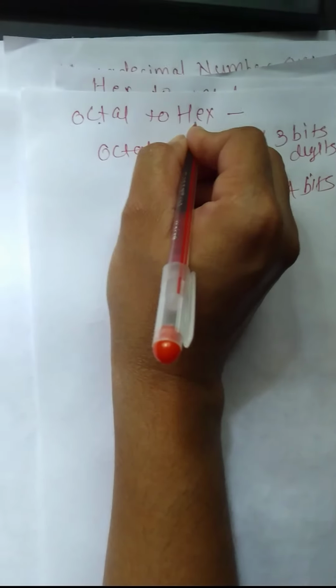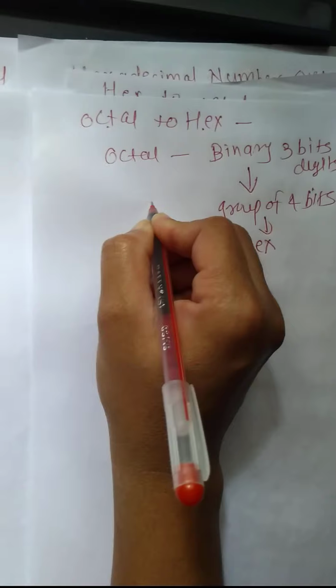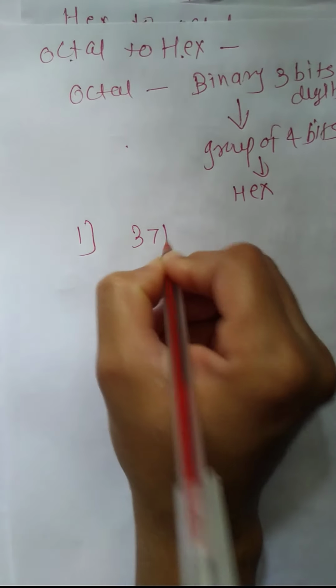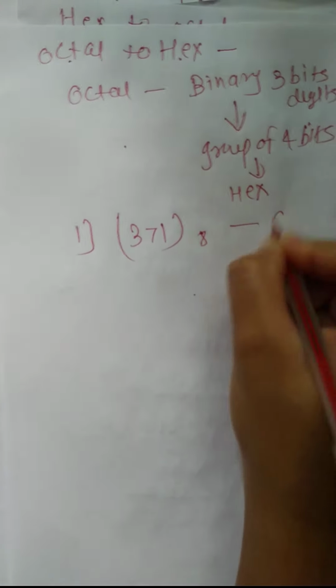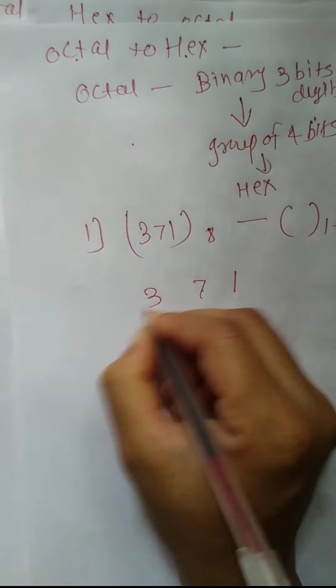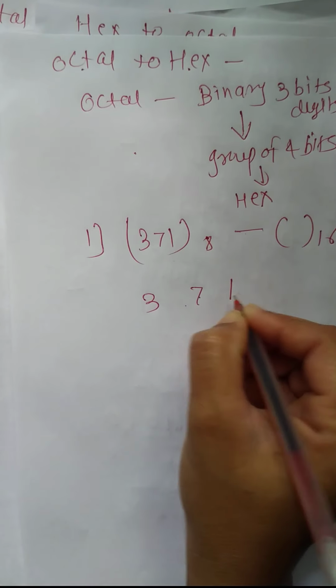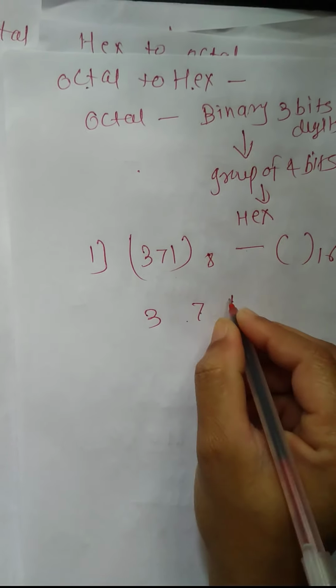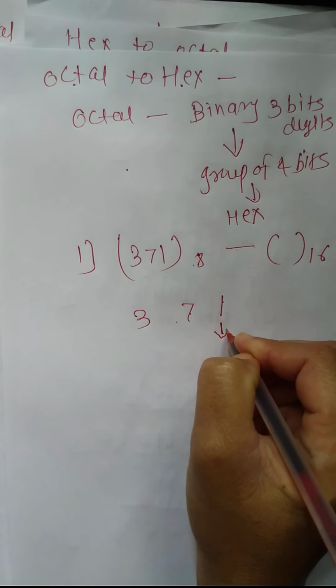That is octal to hex, exactly the opposite of hex to octal. The first example is 371 in octal, to convert into hex, base 16. Each octal digit is represented in binary as 3 digits.